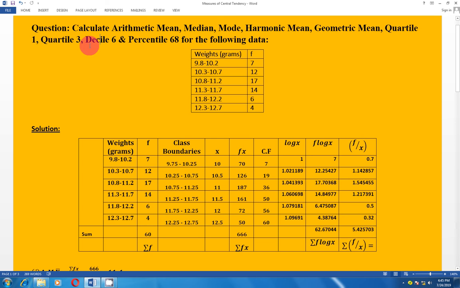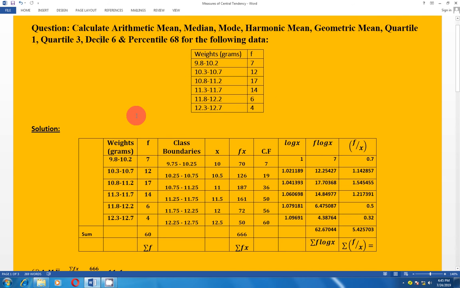Decile is the division of data into 10 equal parts, and percentile means the distribution of data into 100 equal parts, and the average is simply the 50% of the data, or we can say the distribution of the data into 2 equal parts. So in the first step we will calculate 5 different types of averages, from arithmetic mean to geometric mean.